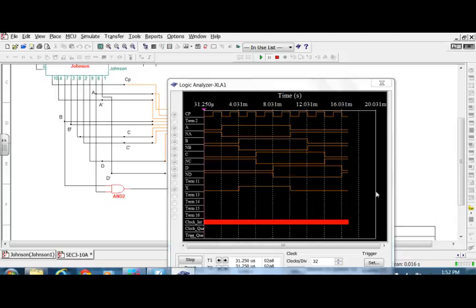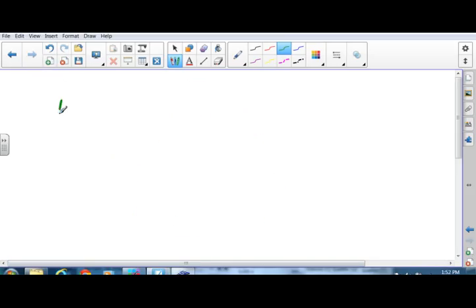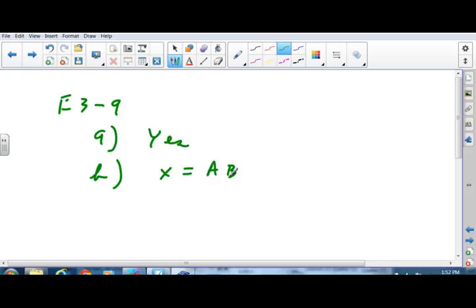So the answer to question A, this is E3, 9A: yes, it is correct. B, write the Boolean equation for X. X is equal to AB. Both A and B have to be high in order for X to be high. And C, write. Wait, we just did B? We just did B, yeah. That's all there is, there ain't no more.